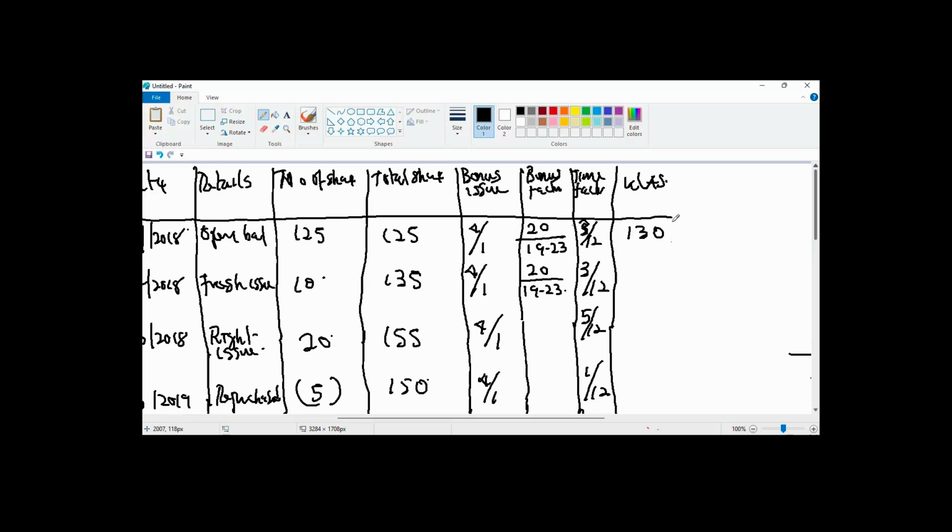Why is it that only one person is giving a figure? 140. Fine. 140. Next.